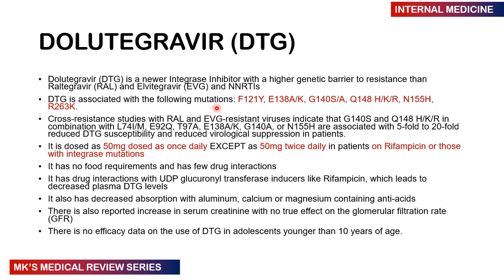So the cross-resistance viruses indicate that our G140S and our Q148HKR in combination with other mutations such as the L74M and the E92Q and the T97A, as well as the E138AK and the G140A, as well as the N155H, have been associated with 5-fold and even 20-fold reduced susceptibility to dolutegravir and reduced virological suppression in patients. So if you have these core mutations, then that's a very, very big problem.